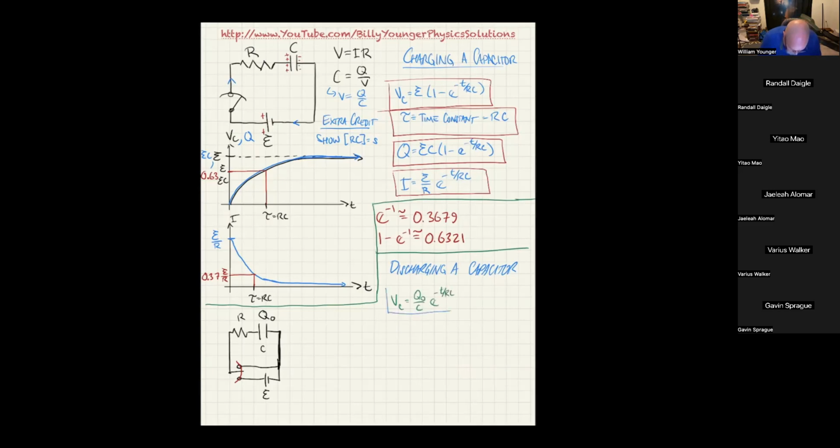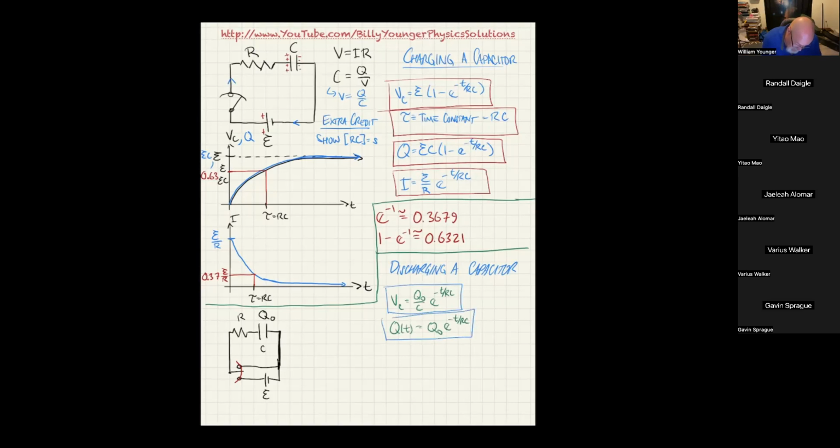So that's one equation. The charge Q, which we could also write as Q of T, is equal to Q0 times e to the negative T over RC.